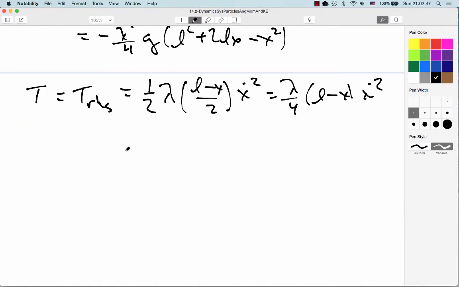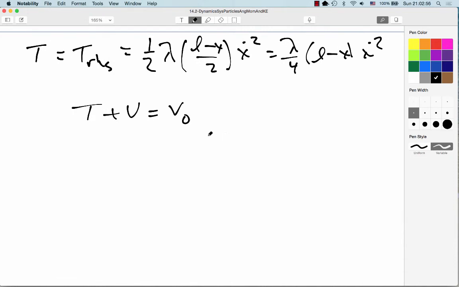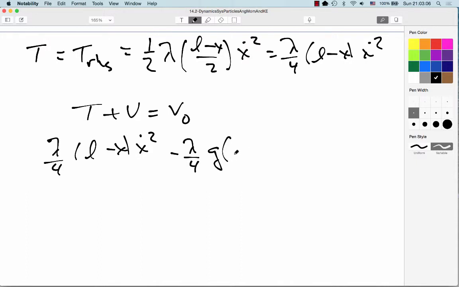All right, so we can go ahead and do conservation of energy here. T plus V had to equal V naught from back in the day. So we'll just put it all together. Lambda over 4, L minus X times X dot squared, minus lambda over 4 times G times L squared plus 2LX minus X squared, would have been, back when it was all hung up neatly, minus lambda over 4, just putting in x equals 0 really is all I'm doing here, G L squared.